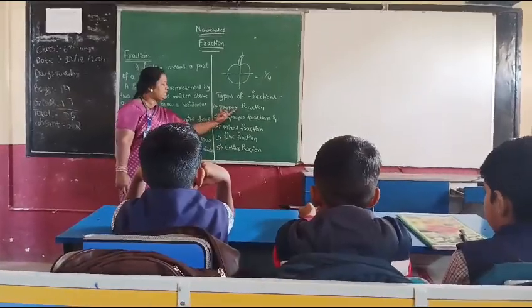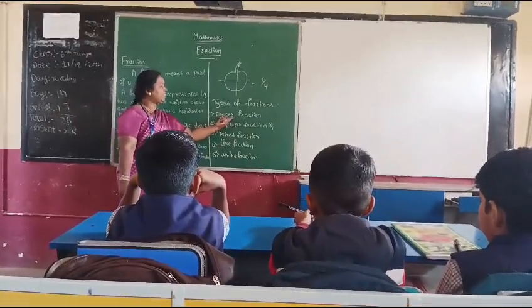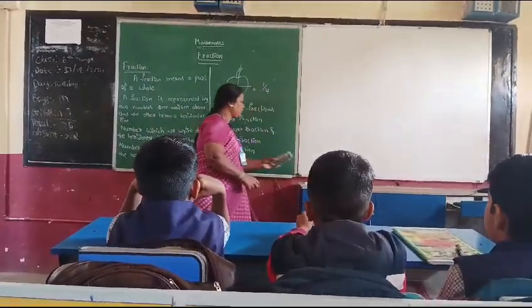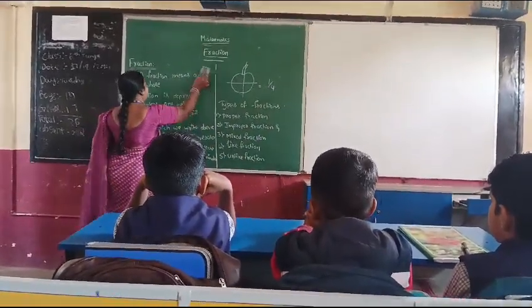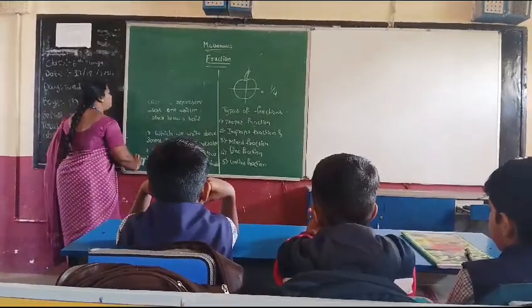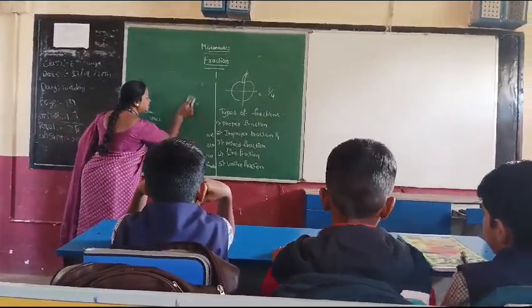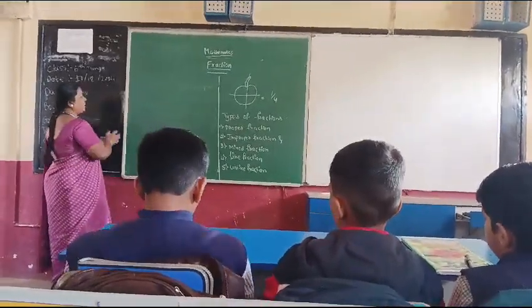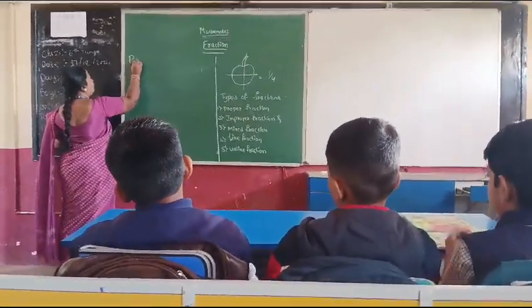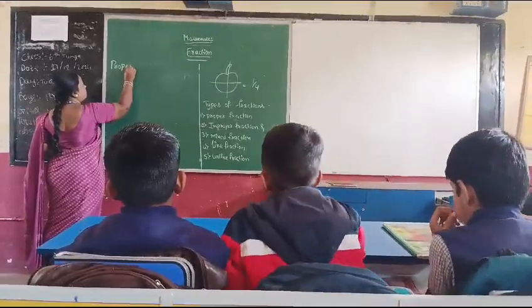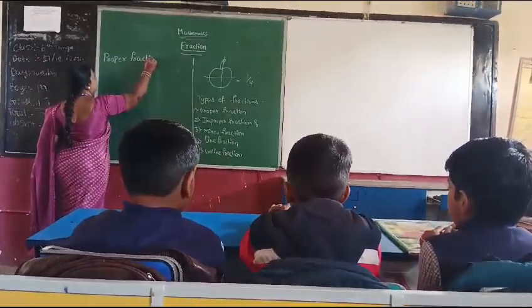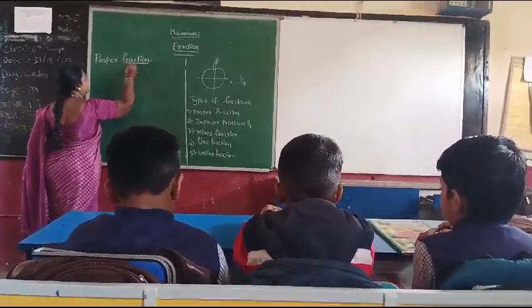Let me tell you the definition of proper fraction. Shall I continue? Yes, ma'am. Does anybody have an idea what you mean by a proper fraction? Yes, children, it is very easy. Proper fraction.